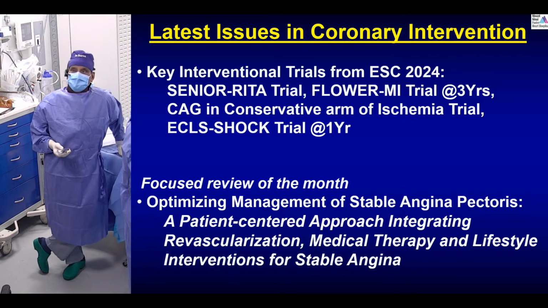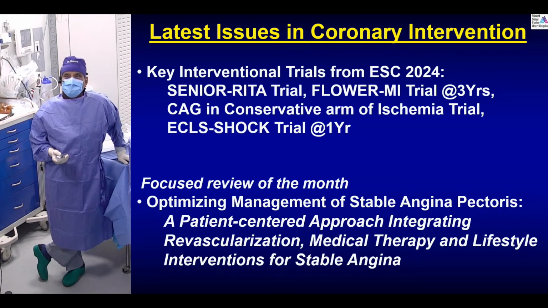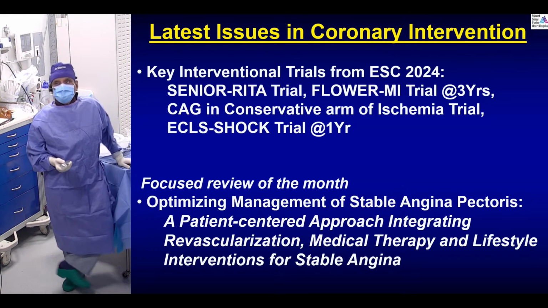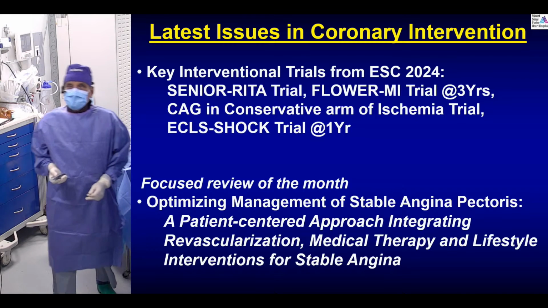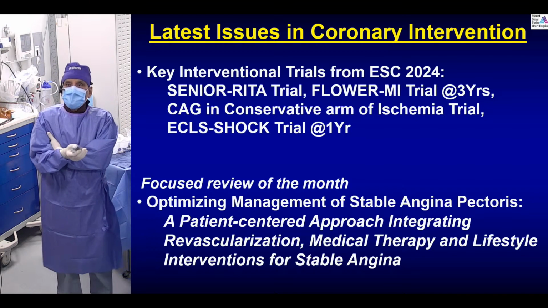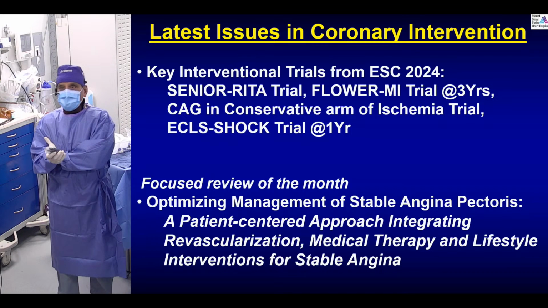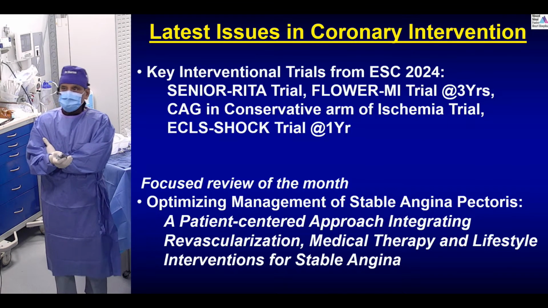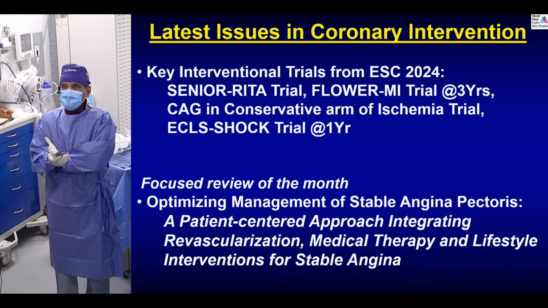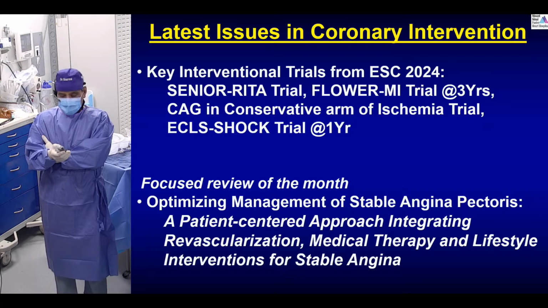So this is the SENIOR-RITA trial, the FLOWER-MI at 3 years, coronary angiography in the conservative arm of the ischemia, what are the predictors, then the ECLS shock trial at 1 year. Then the focus review of the month is optimizing management of stable angina, a patient-centered approach integrating revascularization, medical therapy and lifestyle intervention.